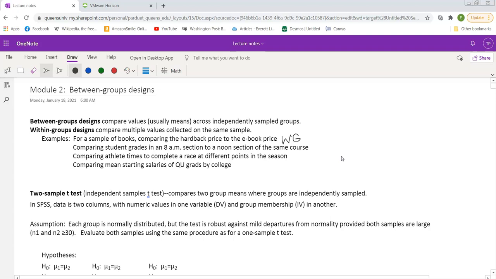Second example, comparing student grades in an 8 a.m. section to the student grades in a noon section of the same course. That's going to be between groups because we've got completely different individuals in the 8 a.m. class and the noon class, and they're not paired up in any way.